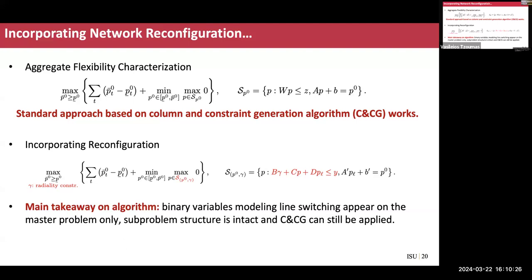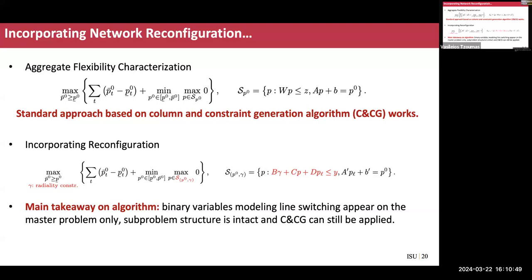When we incorporate network constraints in this problem, we introduce a binary variable here, gamma, that determines whether a line is closed or not. And that constraint really only appears in this subproblem here.